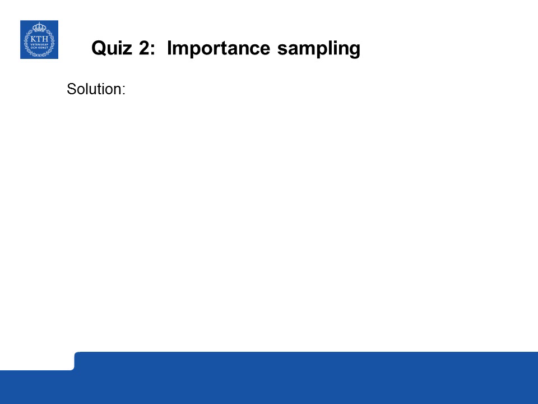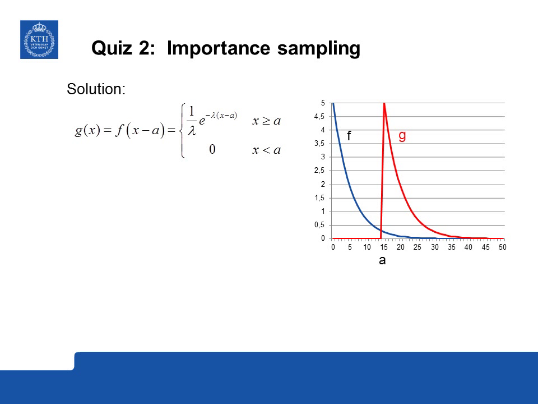So here's the solution. First we compute the biasing density, g(x), which is the translation of the exponential function, and we can get a graphical illustration on the right-hand side. So what we do is we take the exponential density and shift it to the right, to the point a.